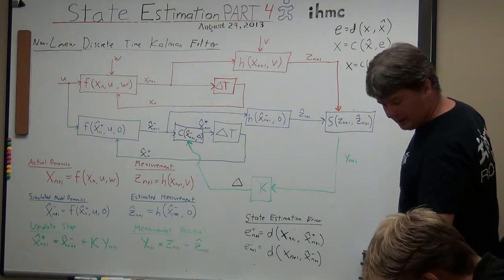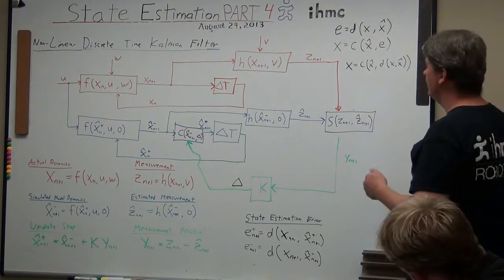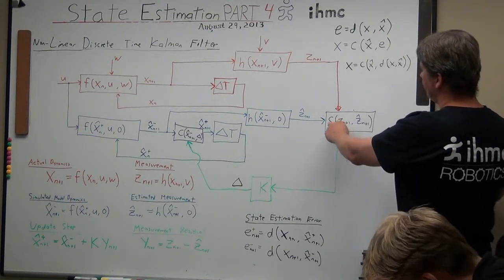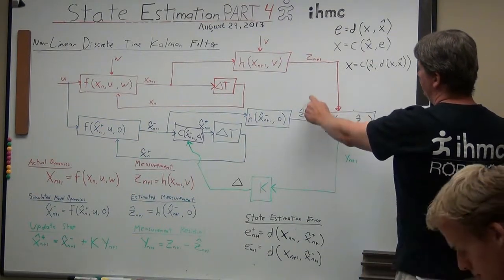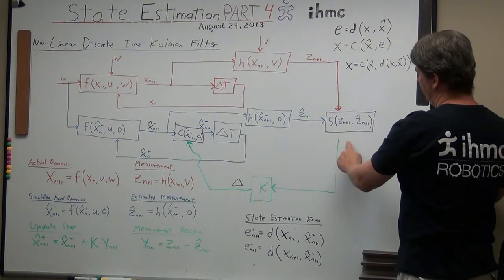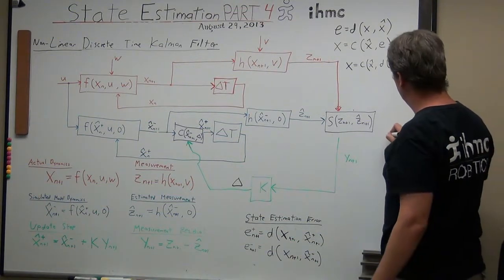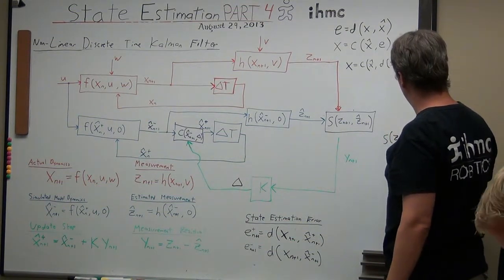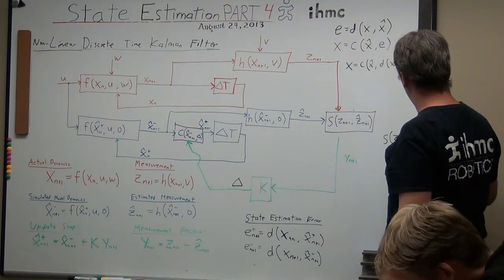Okay, and then another constraint we have is on this guy. If you've got your two sensor readings and they're exactly the same, the output of this should be 0. So S of Z comma Z equals 0.